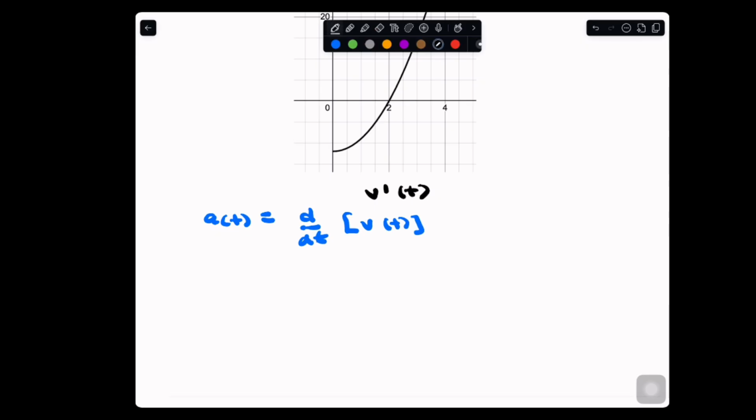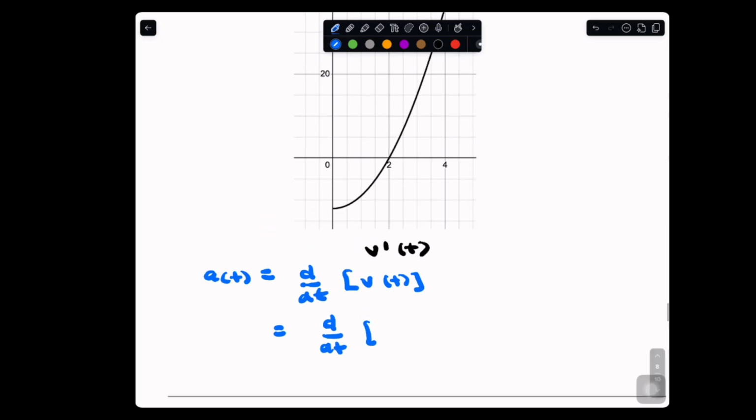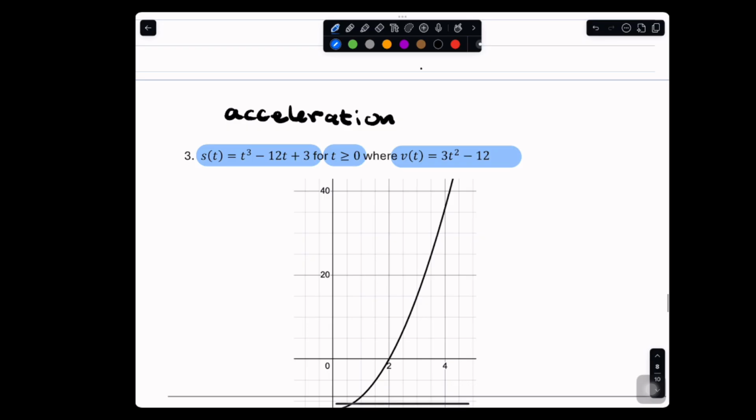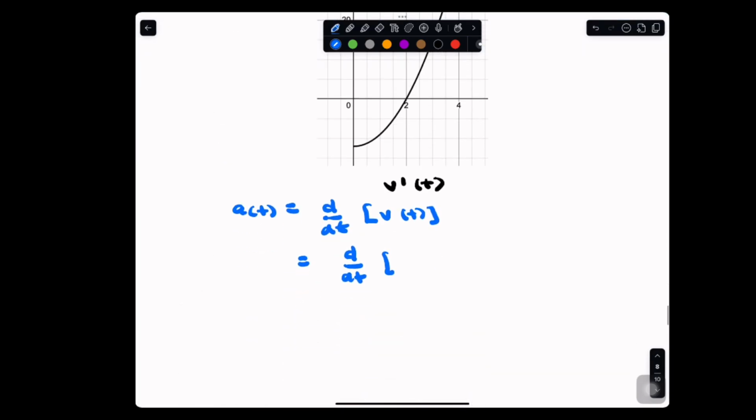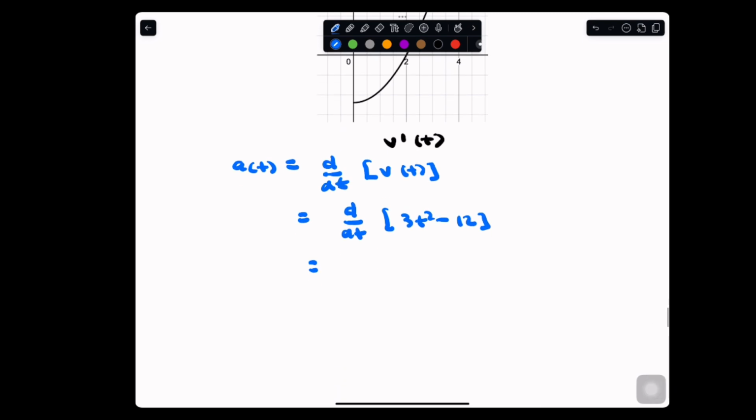So in terms of our notation, we're going to find the acceleration function, which means differentiate 3t squared, right, minus 12. So let's get our acceleration function. And you guys should know by now, after all that practice, that's just going to give you a nice what? 6t. And so I want you guys to also note that acceleration is also the second derivative of the position function.